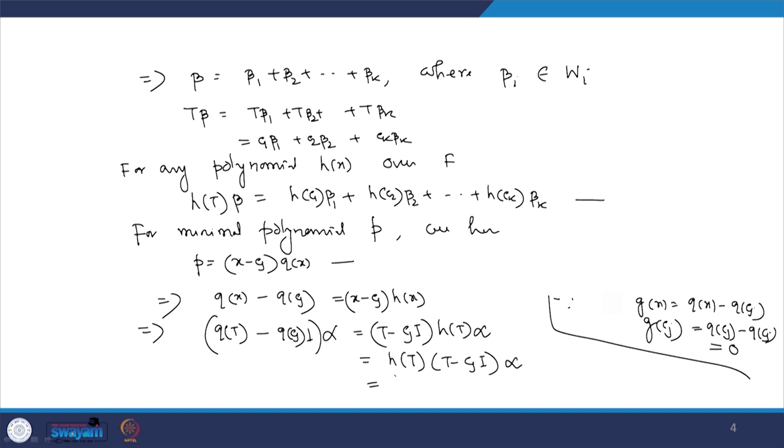So this is equal to Ht beta. So Qt minus Qcj I operating on alpha is equal to Ht operating on beta. Beta belongs to W, so Ht beta will also belong to W.